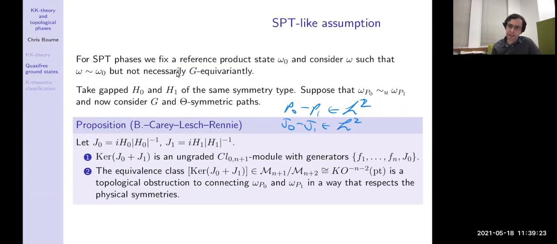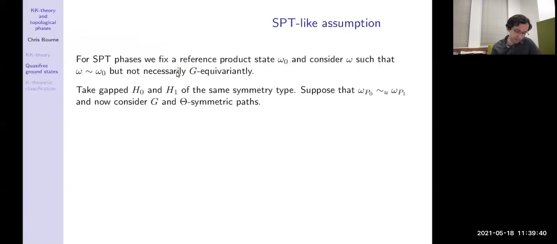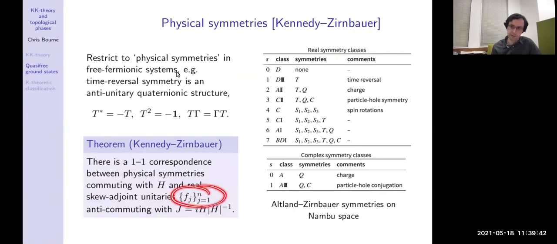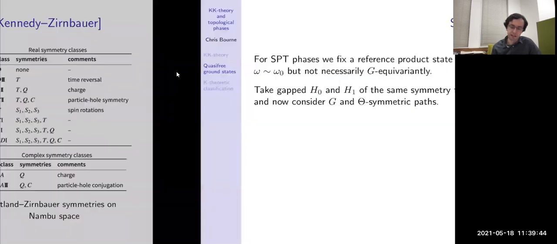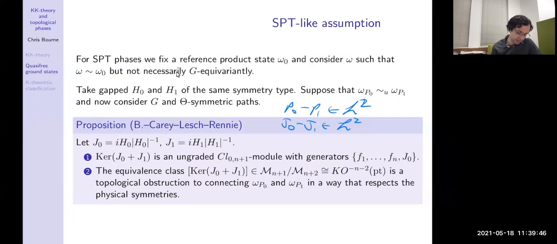And if you have that, it's quite easy to show that when I look at these J0 and J1, which are the skew adjoint unitaries, the kernel of the sum of the two is going to be finite dimensional. Remember that J0 and J1 anti-commute with these skew adjoint operators Fj, so these Fj's have a representation on this finite dimensional space.